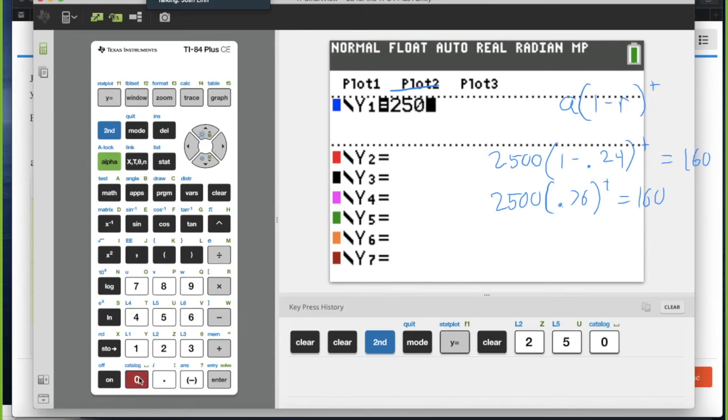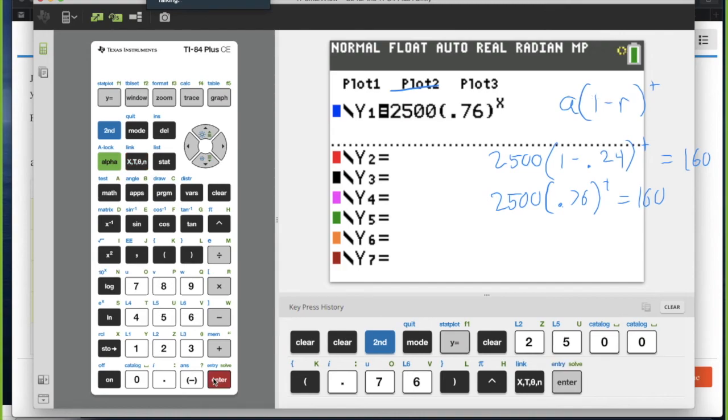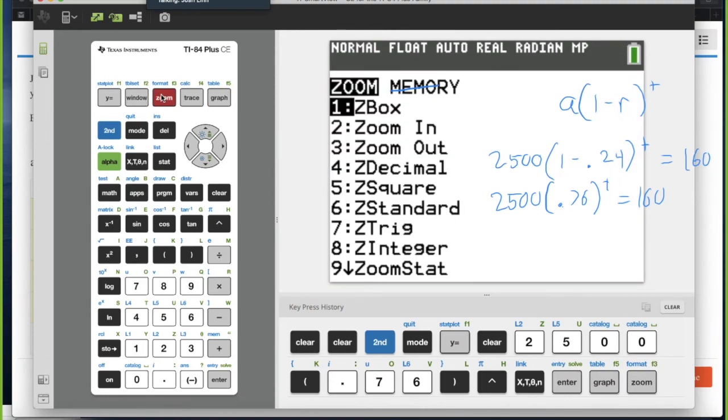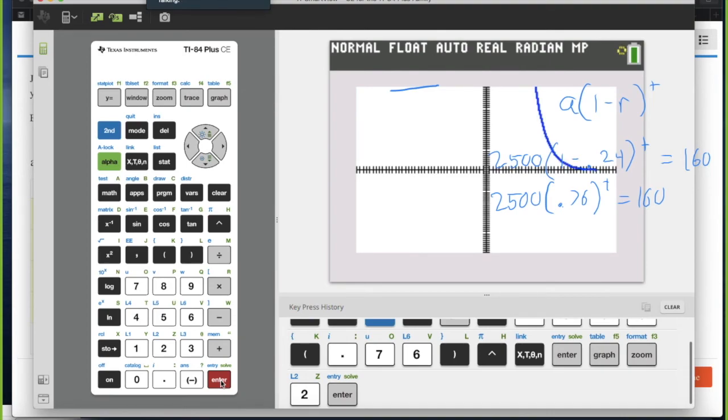So we're going to plug this into our calculator: 2,500, and I'm going to use parentheses because parentheses are my friend, to the power of x. So we're going to graph that. Now remember, my graph was super crazy the last time I did this, so we're going to zoom in just a little bit. Okay, so now we're going to use our trace function, and our y here is the cost of the computer, our x is number of years.